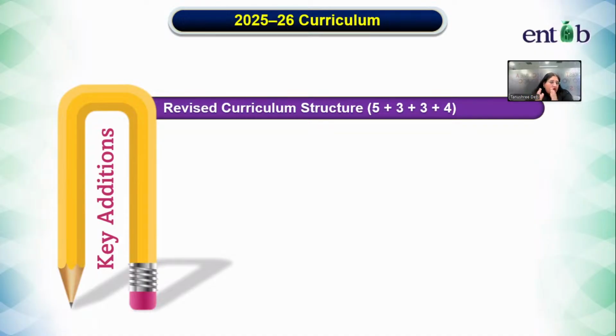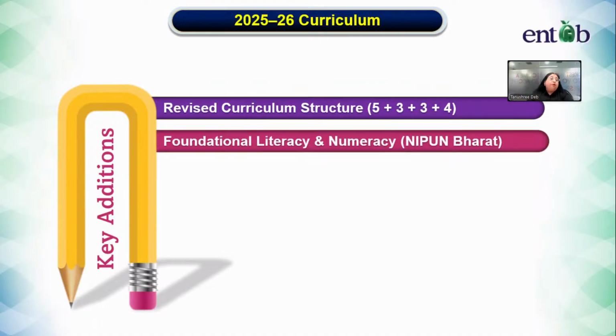The next thing which is very important is foundational literacy and numeracy. At the very base of this structure, that is the foundation stage, it is expected that all schools should ensure that every child can read and do basic mathematics by grade 3.